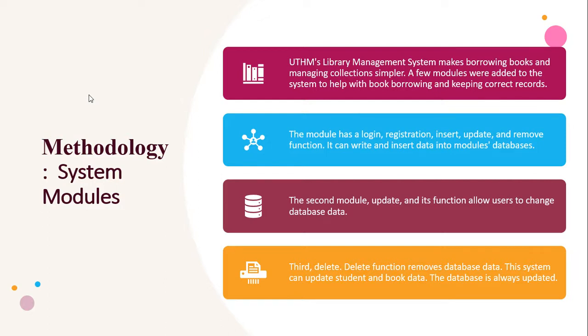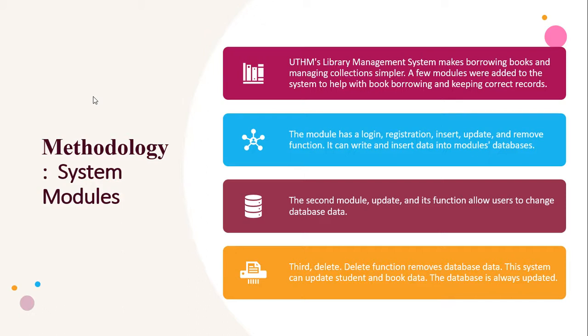The model has login, registration, and insert, update, and remove functions for students and books as well. It can write and insert data into the database. The second module is to update the records in the database for books and students as well.